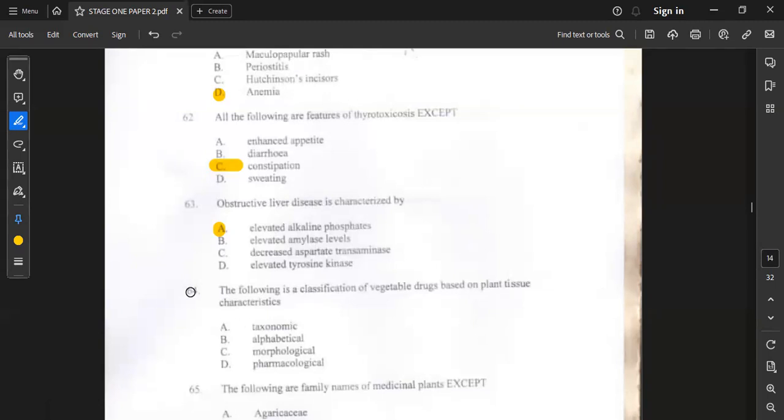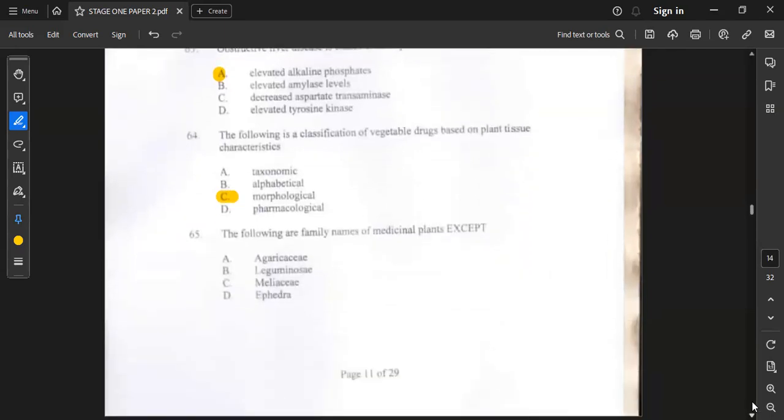We're on question number 64. I agree with the morphological. Okay, thank you.